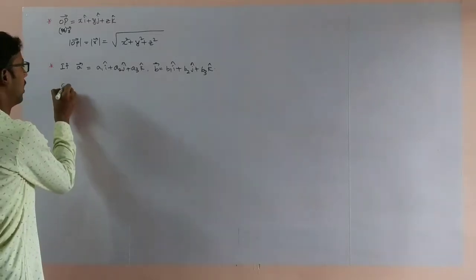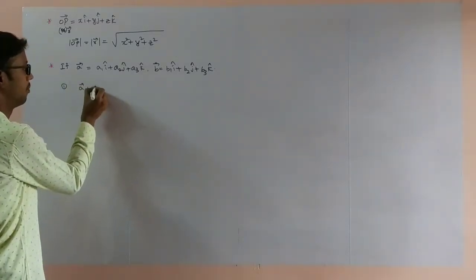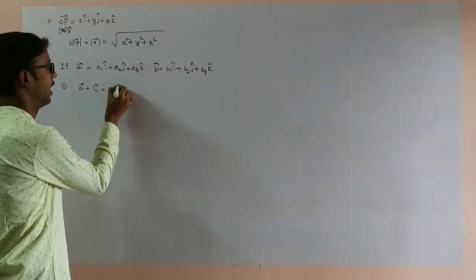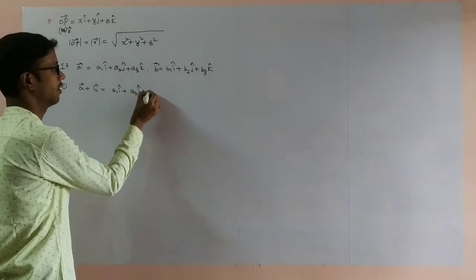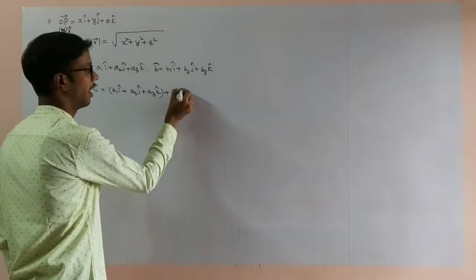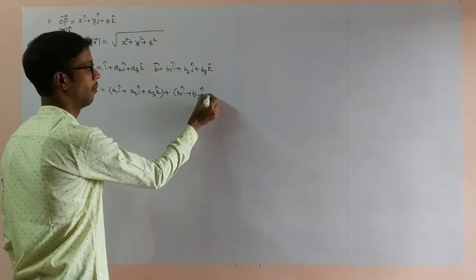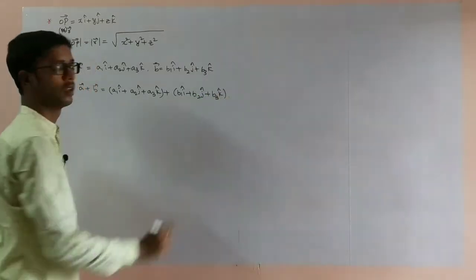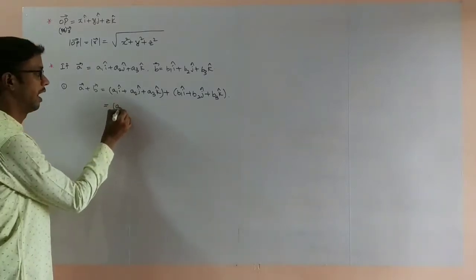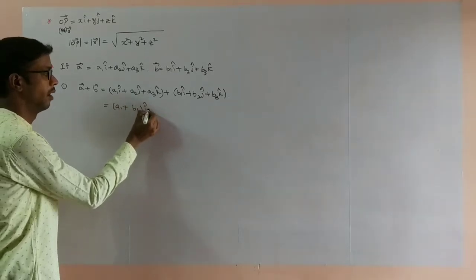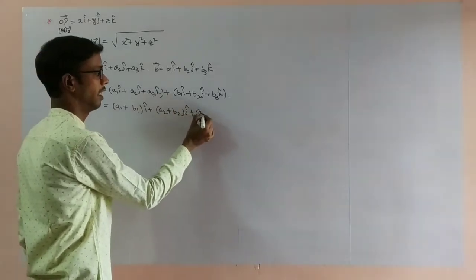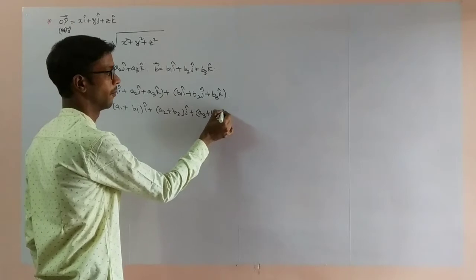First, addition. A bar plus B bar is equal to A1 I cap plus A2 J cap plus A3 K cap plus B1 I cap plus B2 J cap plus B3 K cap. Now we add corresponding elements: A1 plus B1 I cap plus A2 plus B2 J cap plus A3 plus B3 K cap.